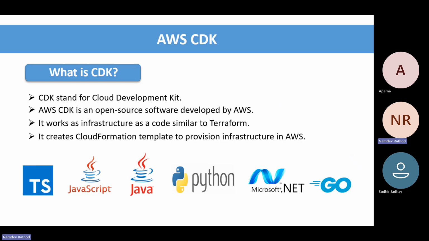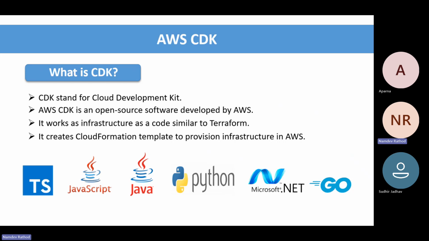But in CDK, you don't need to write 100 lines. It is a very powerful feature where you don't need to write large-scale code. With minimum code, you can achieve your target. Let's say you want to provision infrastructure like EC2, S3 bucket, EKS cluster, RDS, IAM policy, users, roles. You can easily write it with a smaller amount of code.